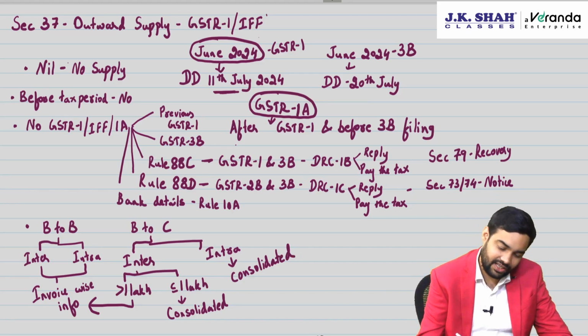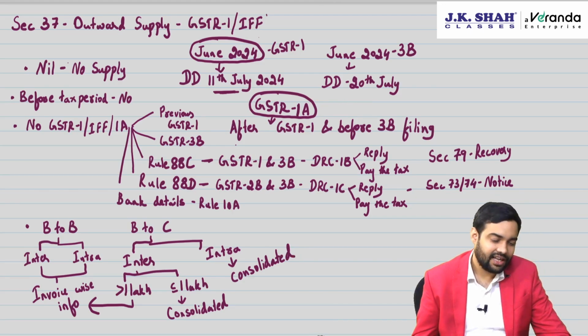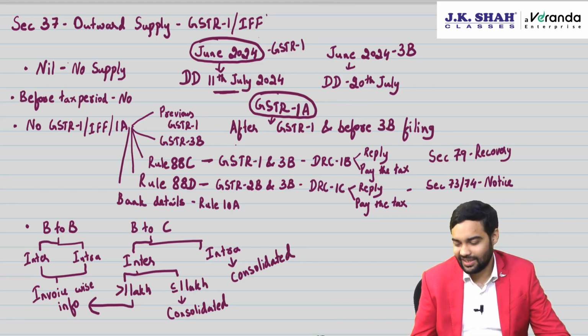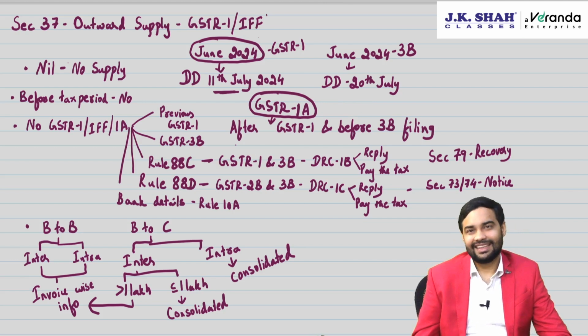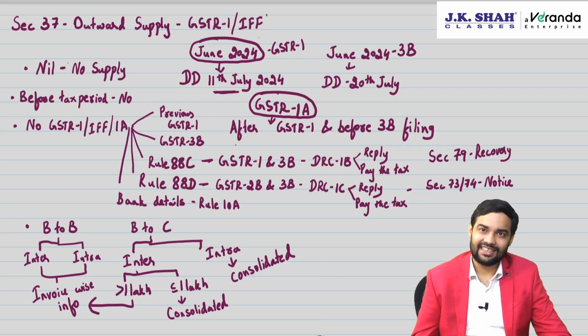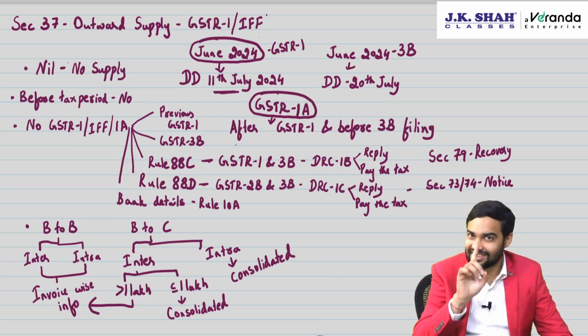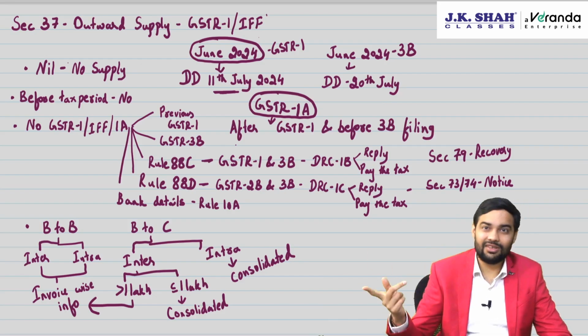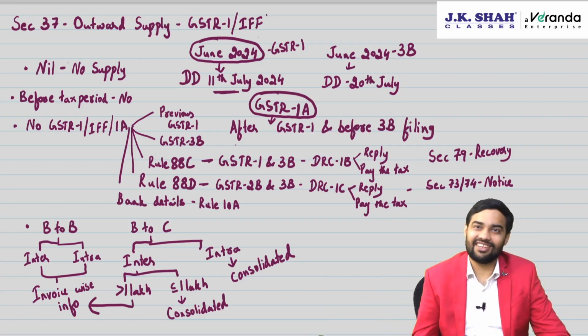Be careful of 1A. You can get a question on 1A, but I think what they will try to confuse you with is, they will give you that 1A is filed on 17th. Can the recipient avail ITC? The answer is no. Next, when 2B gets generated, then he will get ITC.